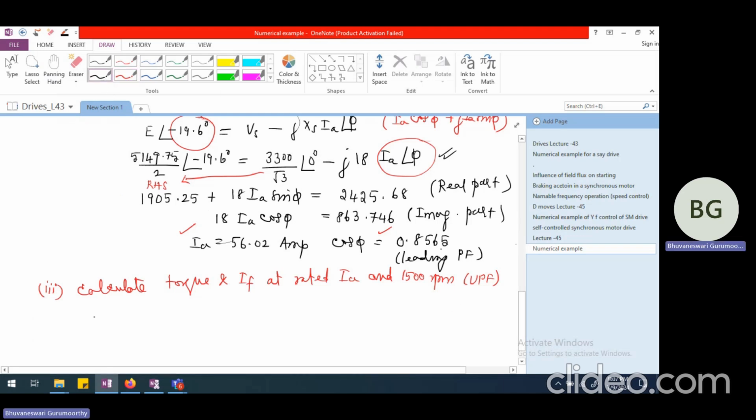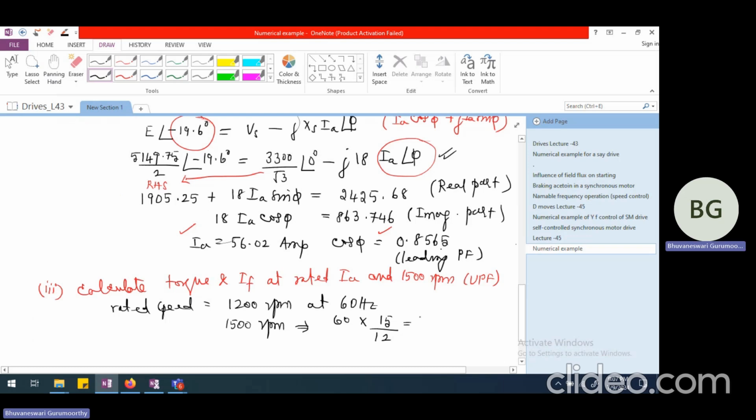First of all, rated speed is 1200 RPM at 60 Hertz. So 1500 RPM speed will be attained at 60 multiplied by 15 divided by 12.